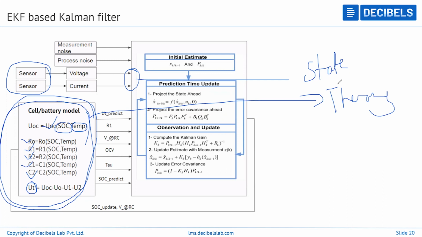With this, we introduce the Kalman filter approach, where either the theoretical part has to be given more weightage or the sensor based estimation, that is the measurement, has to be given more weightage. That can be decided again with the Kalman gain. Based on that, we come to the conclusion.